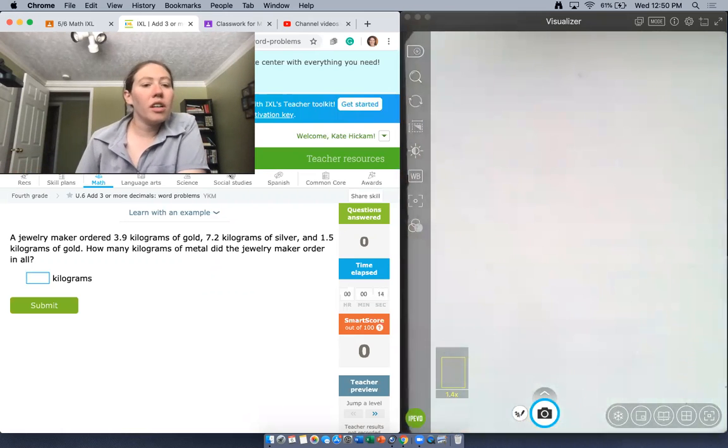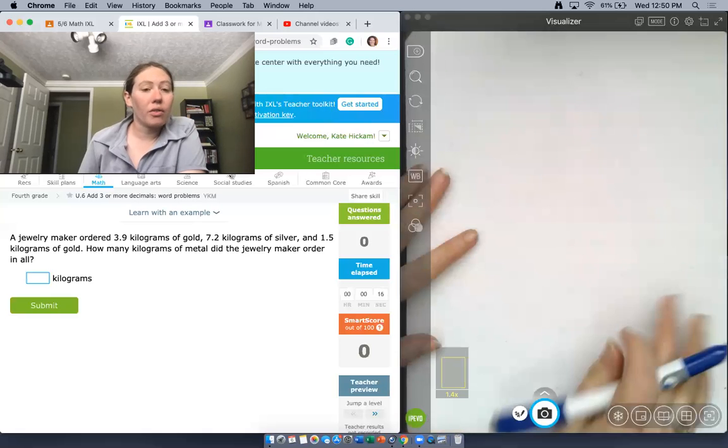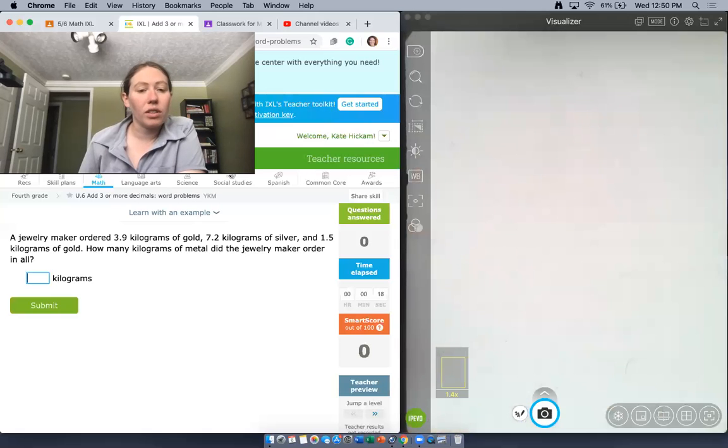So a jewelry maker ordered 3.9 kilograms of gold, 7.2 kilograms of silver, and 1.5 kilograms of gold. How many kilograms of metal did the jeweler maker order in all? So there's two things that help me know that this is adding other than the fact that we know the skill we're working on is adding.